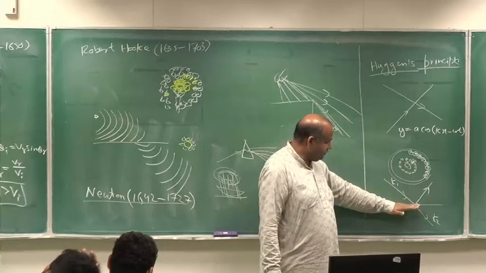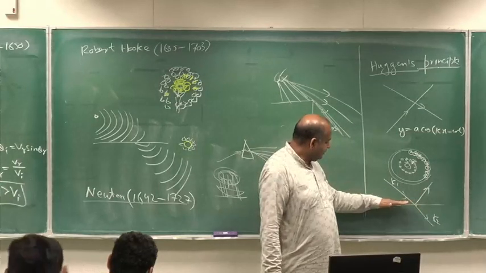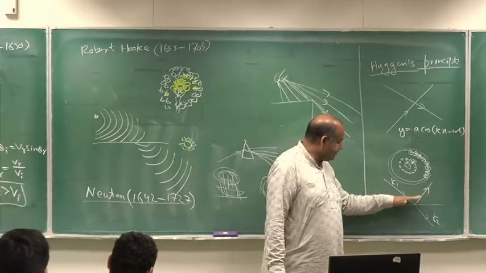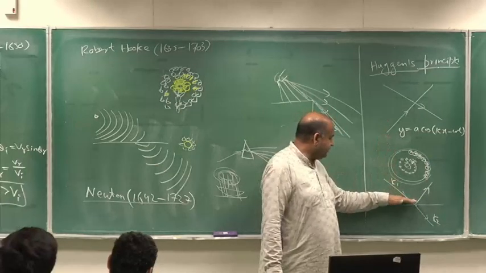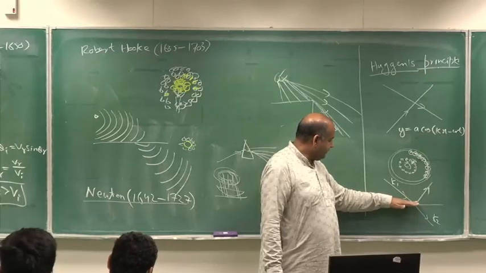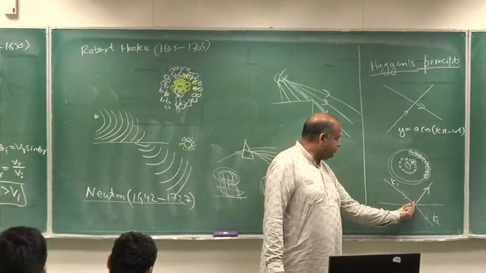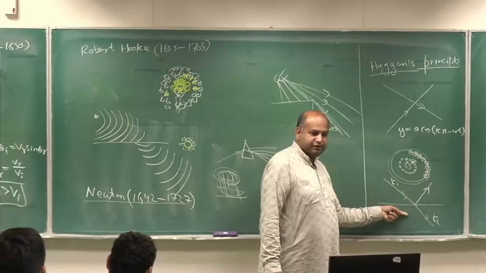Since the interface is here, the component of wave numbers along this direction must be conserved. Not the velocities, but the wave numbers must be the same here and here, because the interface is along this direction, so only the component along the other direction should change, but the component along this direction should remain the same.